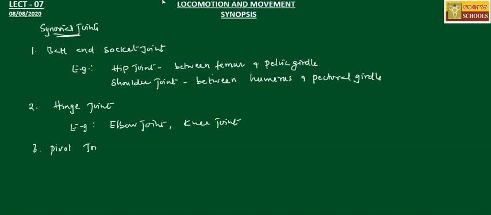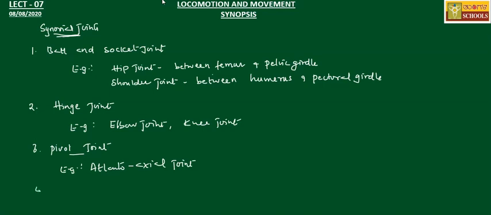We find the pivot joint between the atlas and axis, the atlanto-axial joint.